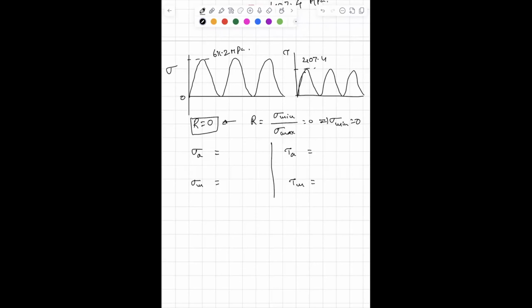I can get sigma A as 305.6 and sigma M is 305.6. When R equals 0, sigma A and sigma M will be the same, since it is divided by 2.